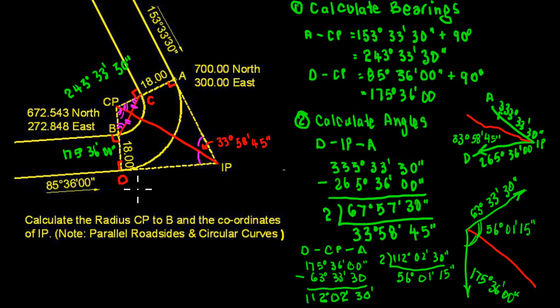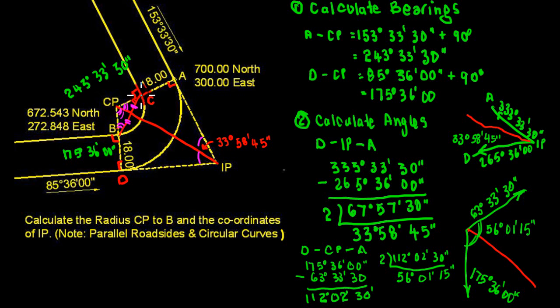And so we can calculate the bearing D to CP. That's just 85 degrees 36 plus 90, which is 175 degrees 36. Obviously I've calculated the bearing around here, added the 90 in around here. Still the same line, it's just the bearing going from CP to D.